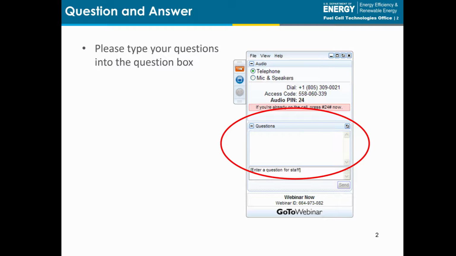He has 8 years of industrial experience as a lead systems engineer in designing hydrogen and natural gas fuel cell systems at Plug Power in New York. And Michael holds a master's degree in mechanical engineering and a bachelor's degree in chemical engineering, and is currently working on his master's in business administration. So with that, I'll turn it over to Mike Penna. Mike?